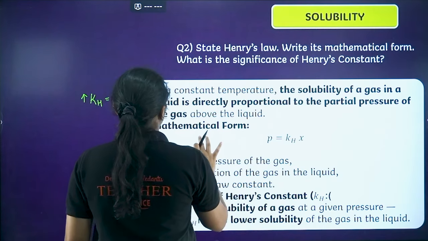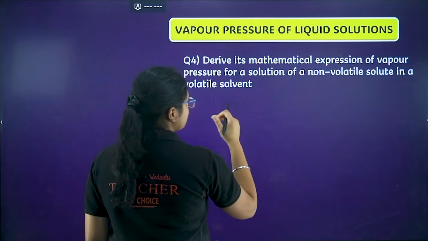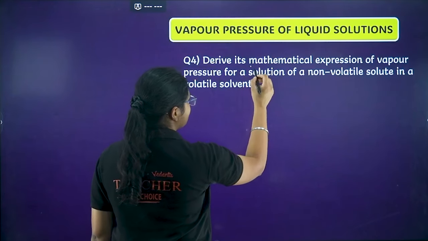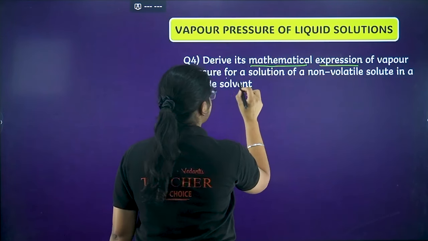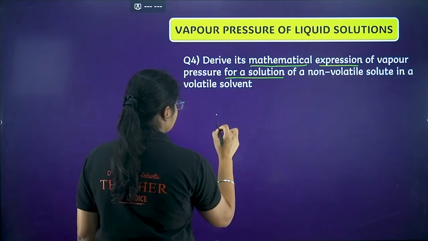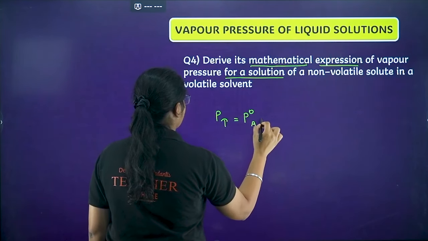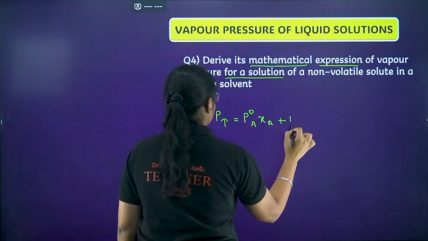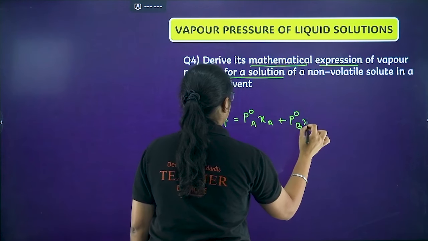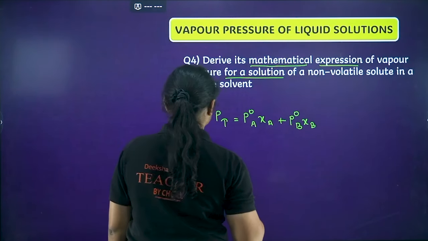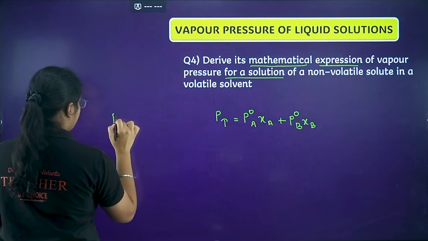Now if I want to derive the mathematical expression for the vapor pressure of a solution, what we have is Raoult's law: Pt is equal to P naught A XA plus P naught B XB. Now what are these terms?